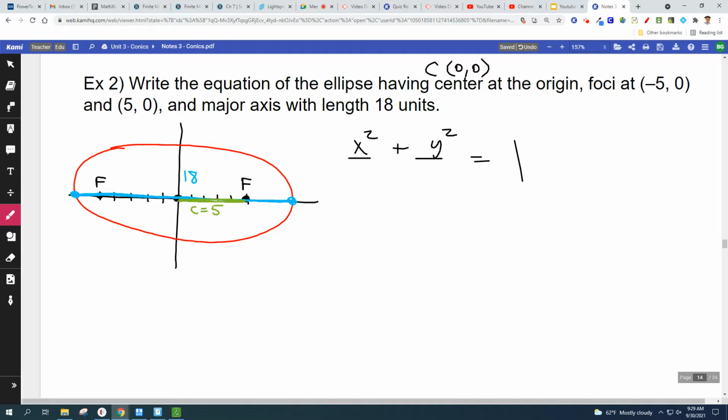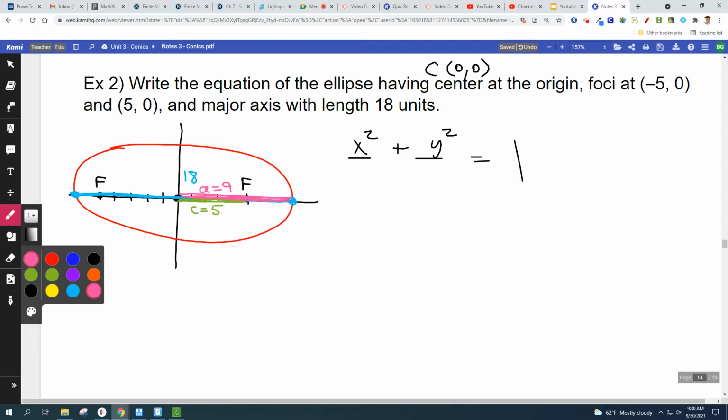And maybe you could figure that out from the words that they gave you, but it makes it a lot more obvious to me once I look at the picture. But when they gave me that major axis, they gave me another important piece of information. I know that this distance right here is A. And I can tell from this picture that A equals 9.